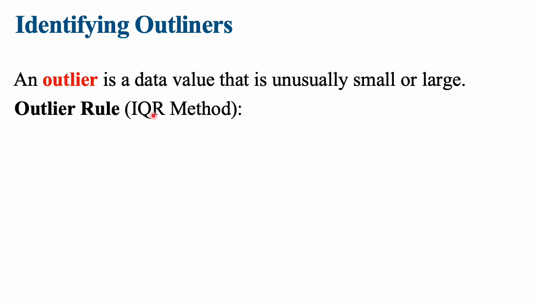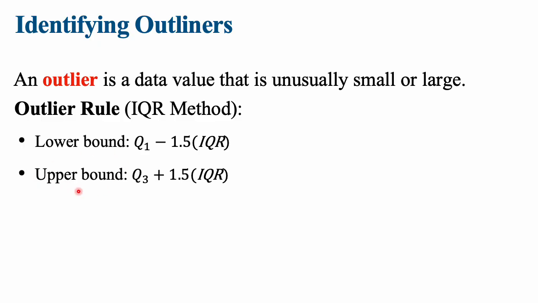Outlier rules, the IQR method: you have to find the lower bound, guys. Q1, the first quartile, minus 1.5 times IQR. IQR is the interquartile range. How do you calculate it? Q3 minus Q1. Then you have another one, the upper bound: the third quartile plus 1.5 times IQR.